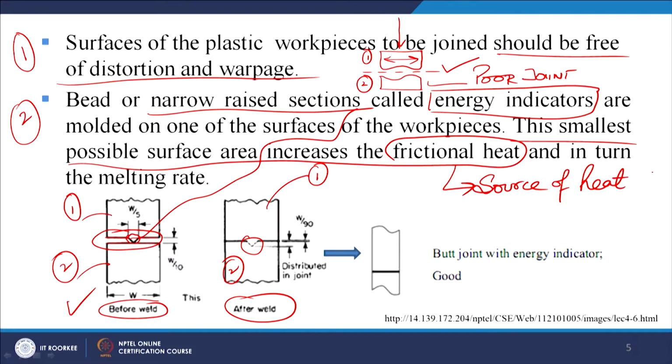So in turn it improves the melting rate. As I have already told, when localized mechanical motion takes place between the two surfaces, frictional heat is produced, and the localized melting of the plastic in that area and then fusion of the two adherents together may be the reason for the joint being formed.